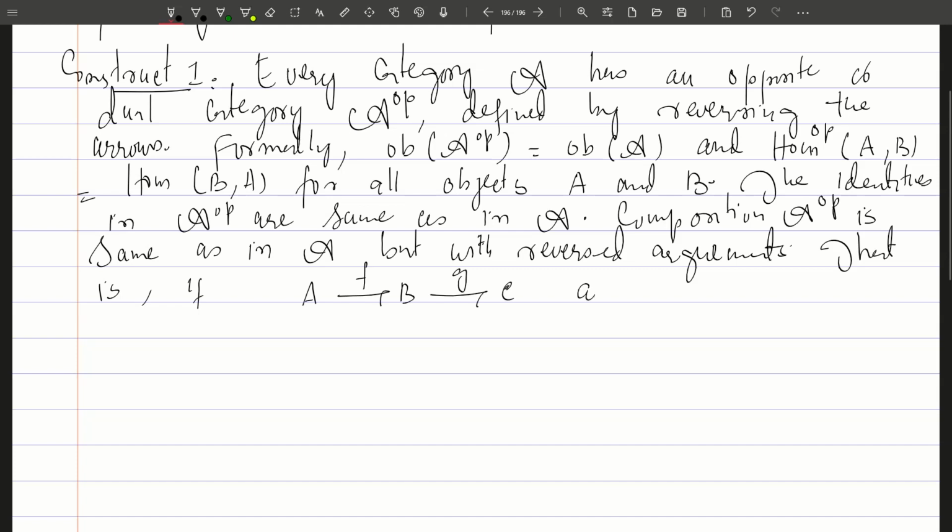Suppose they are the maps in the opposite category. And then what happens in the original category? These maps go like this: f is a map from B to A and g is a map from C to B.